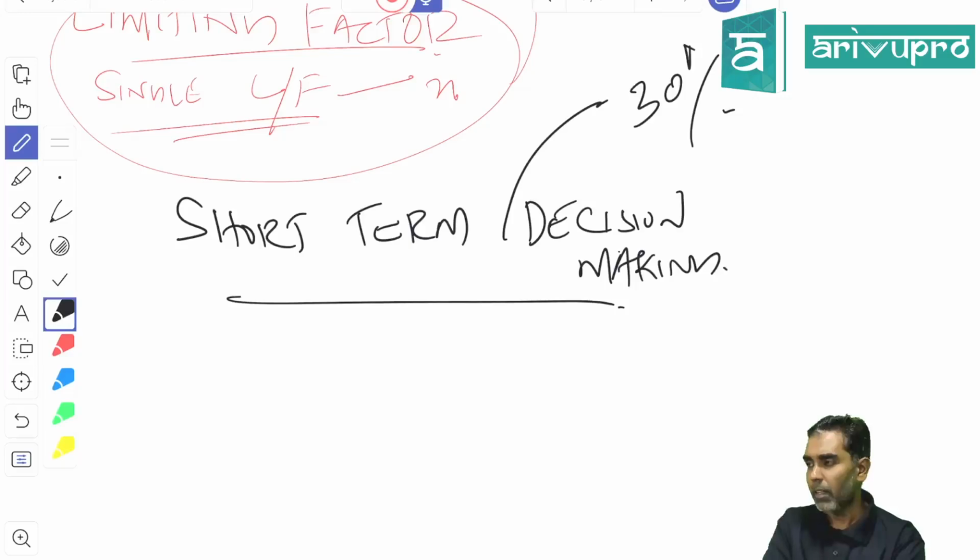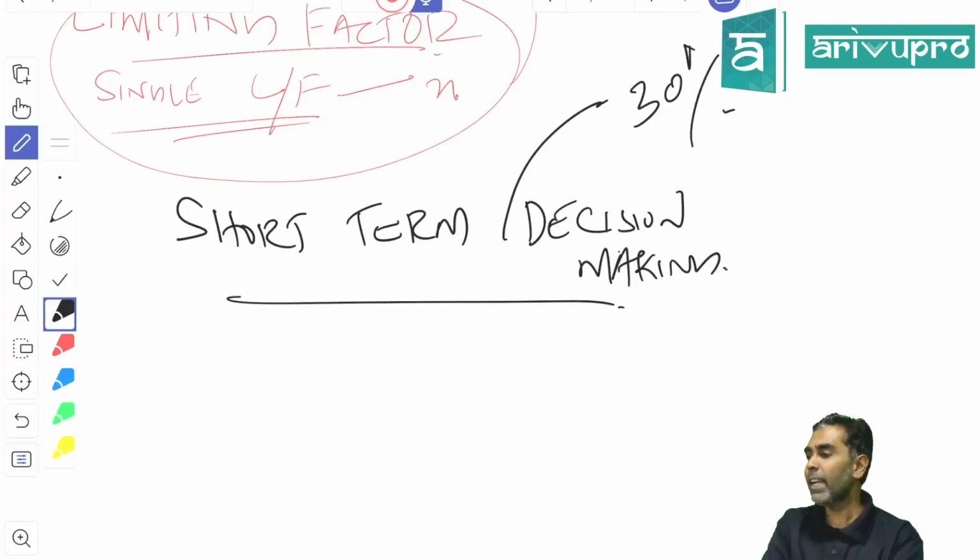Right? Put a star mark and write. In the short run, the emphasis will be on contribution. Within the bracket, how to calculate contribution? Sales minus total variable cost.